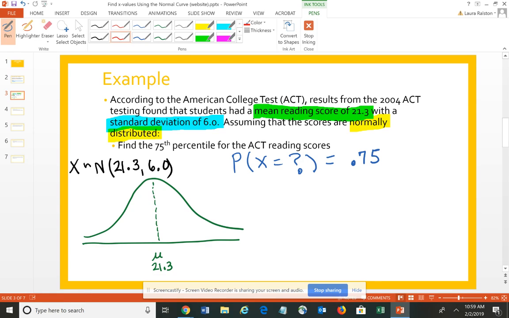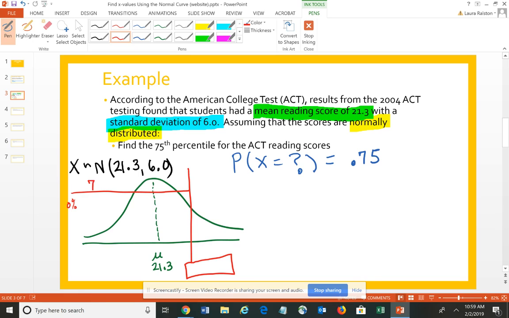Remember on this normal distribution that we start out at the left at 0%, and we go all the way up to 100%. The mean is in the middle, so that would be the 50% mark. So 75% is going to be somewhere here on the right, and I don't know what value that is.